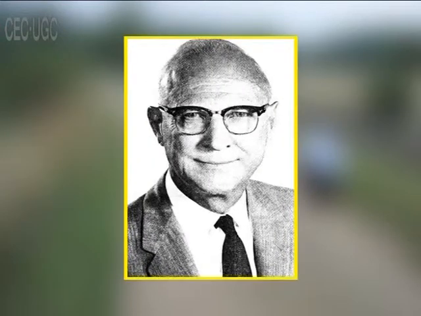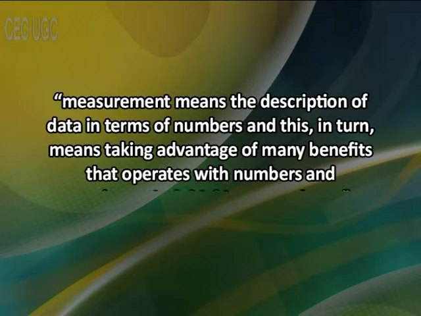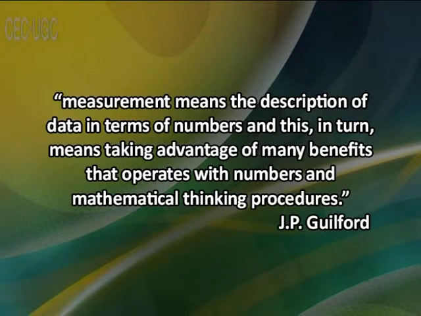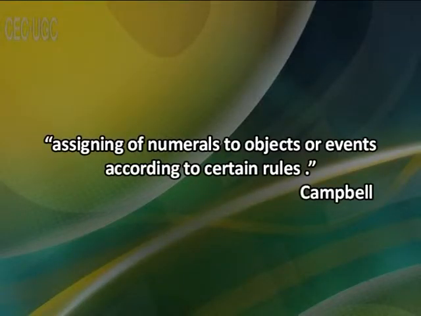Third, as per J.P. Guilford, measurement means the description of data in terms of numbers, and this in turn means taking advantage of the many benefits that operate with numbers and mathematical thinking procedures. Fourth, Campbell defines measurement as assigning of numerals to objects or events according to certain rules.